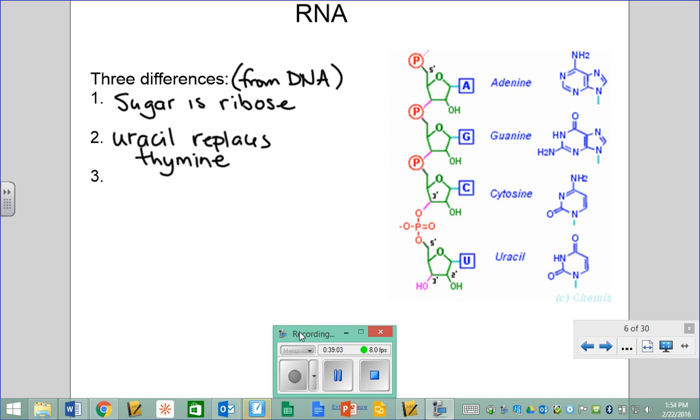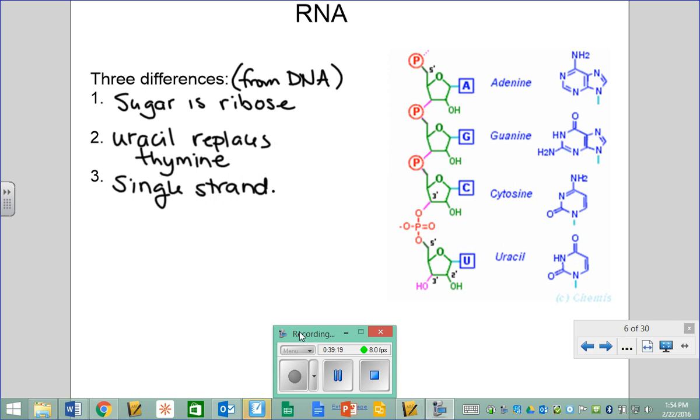And the third difference is that RNA is always a single strand. So it's a molecule that's a lot like DNA. It has the same basic setup except for those 3 things.